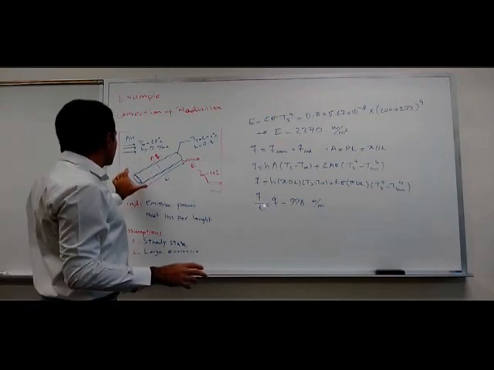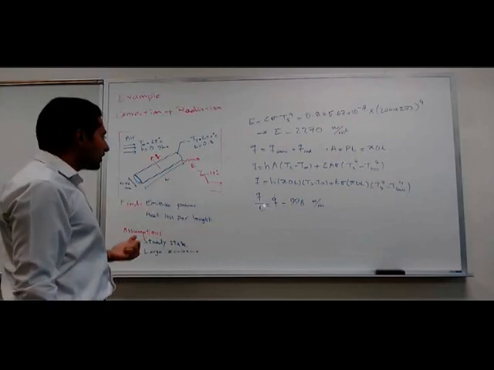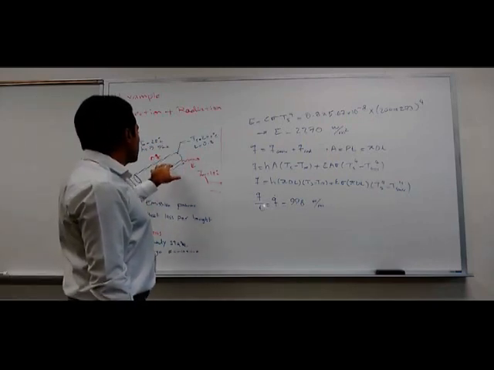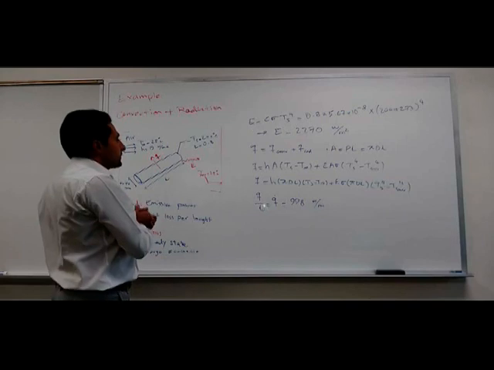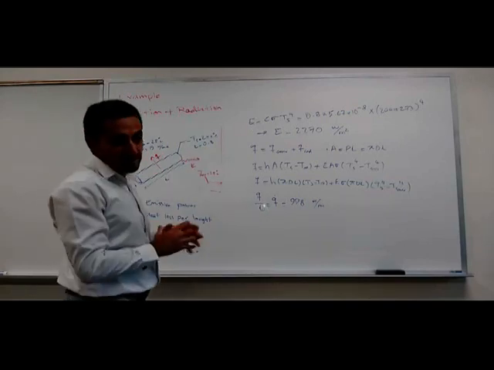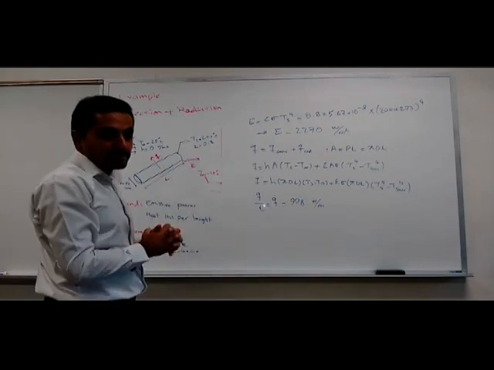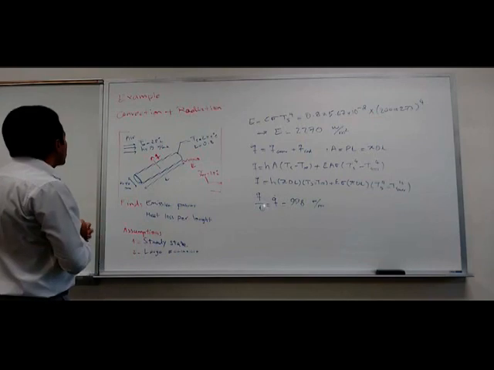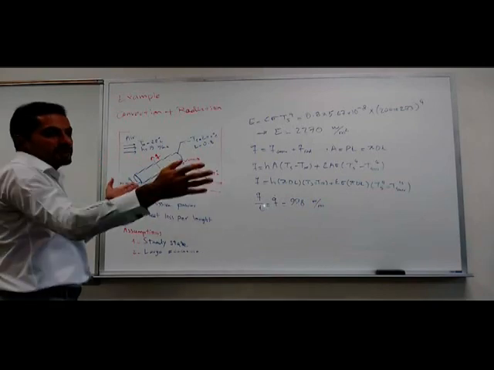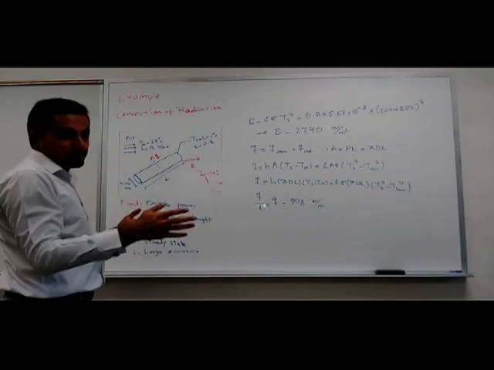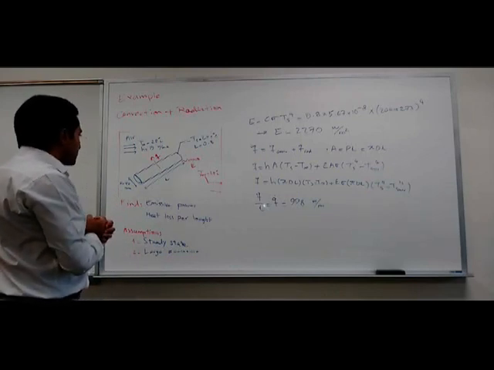This pipe's geometry is known except the length of the pipe, and it has a surface emissivity equal to 0.8, and the temperature of the surface is 200 degrees C, and we have moving air at ambient temperature, which is 25 degrees C.